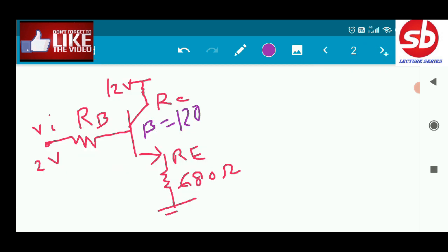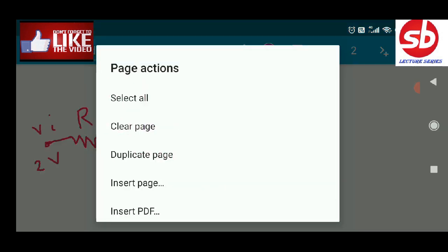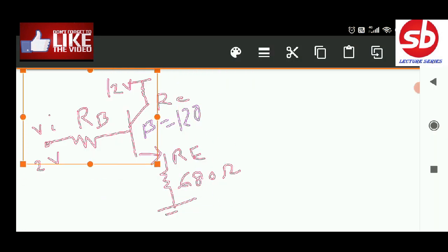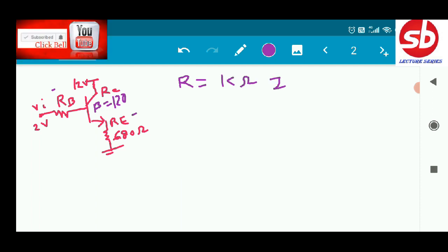Now I have redrawn the circuit here. Here is the 12 volt, here is the 2 volt, this is RB, and this is your RE, 680 ohm. When you are solving a transistor problem, you must remember that any resistance should be in kilo ohm, current should be in milliamps, and voltage should be in volt.